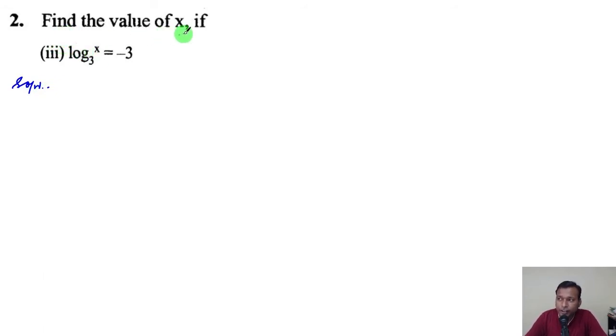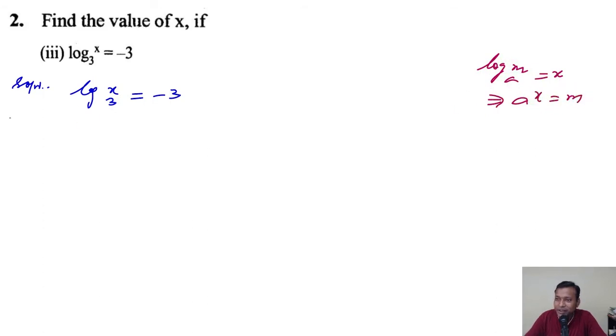Here we have to find the value of x if log x to the base 3 is minus 3. This is in the logarithm form. So if it is in the logarithm form, we write it in exponential form. We know that log m to the base a equal to x implies a power x equal to m.